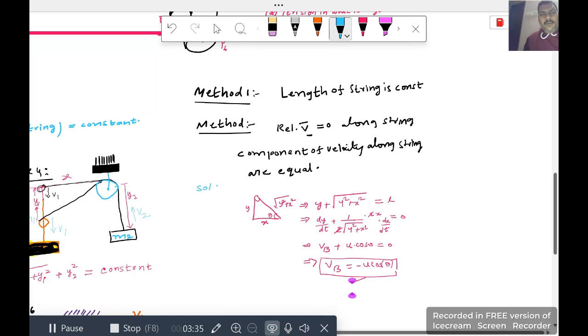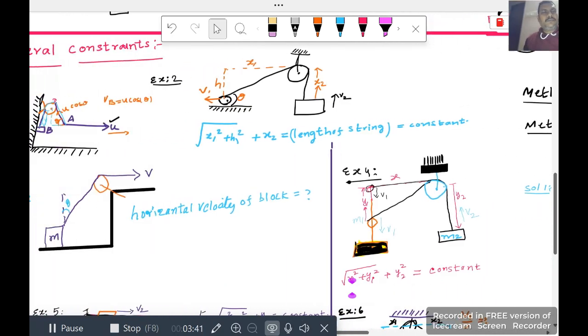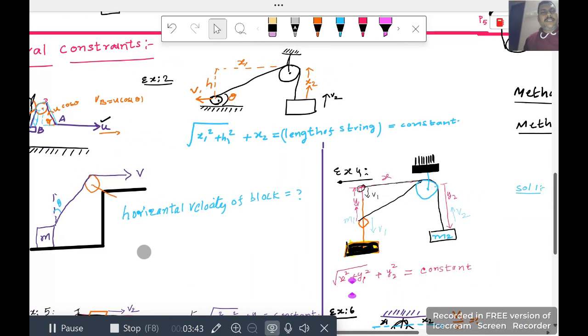Second example we'll see. Similar here: v1 of this block is to the left side and v2 is in the upward direction. Clearly, this length, the length of the string, will not change. It will be constant according to the general constraints concept.